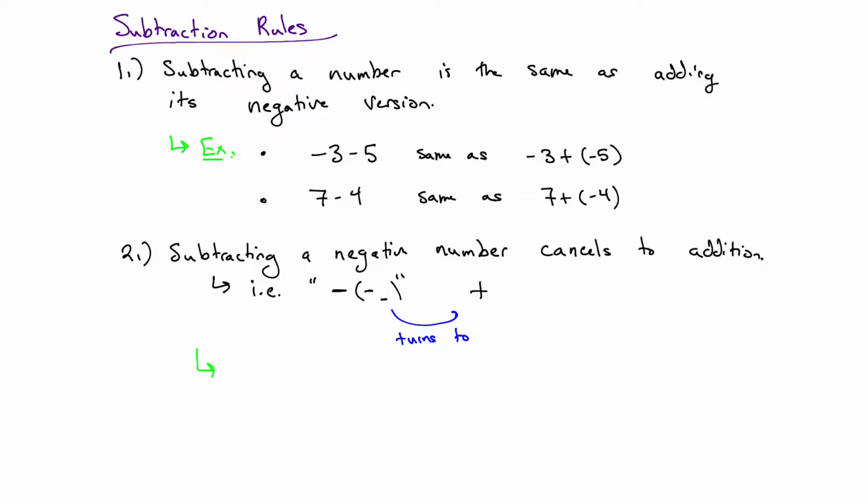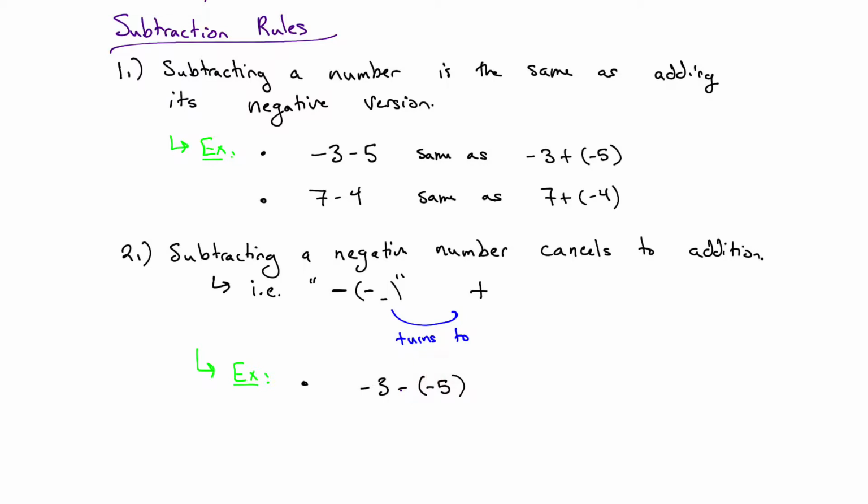As two examples, if we had -3 minus -5, what some students like to do here, and it's kind of cute, is you make this into a plus sign. That being said, I don't like to do that. The reason is later on, pretty soon actually, we're going to have multiple terms inside parentheses, and you need to distribute that minus sign, so it's not a good idea to do that.